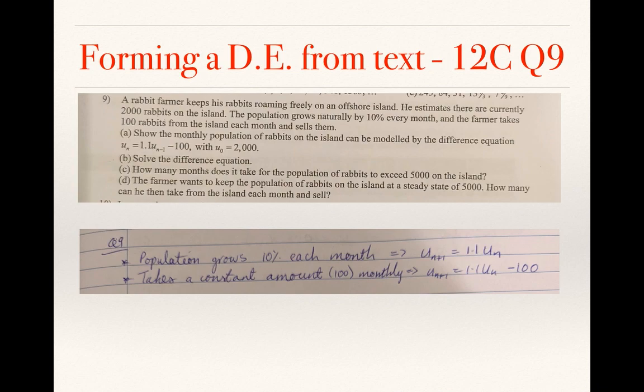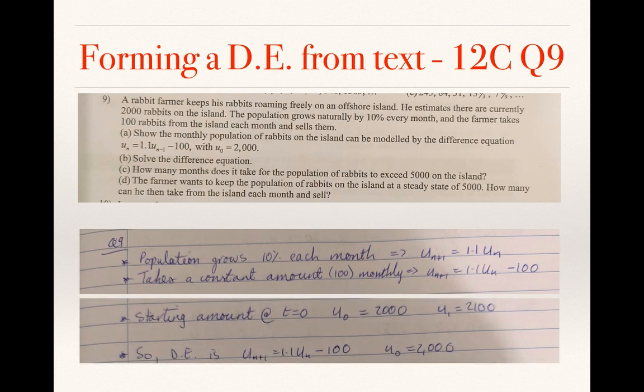Now, we take stock of the thing that I have here and the thing that we're looking to show in part 1. We're looking to show that u of n is equal to 1.1 u of n minus 1 minus 100, whereas I have different subscripts. What I would do in this case is I would just change my subscripts to make them match the thing in part A there. The last thing then we're missing is the starting amount of rabbits is 2,000, so that means u of 0 is equal to 2,000.